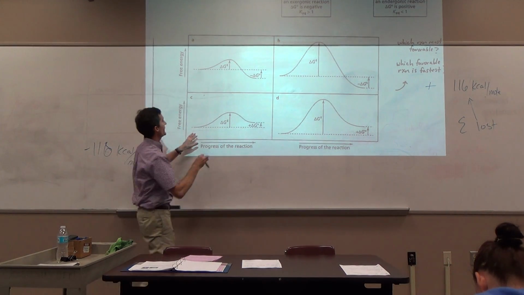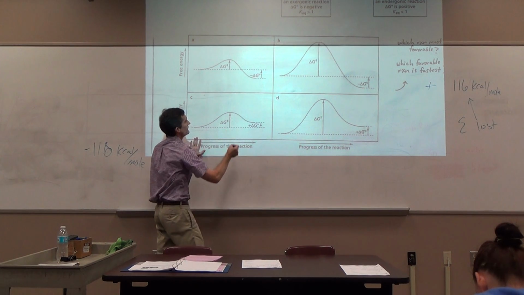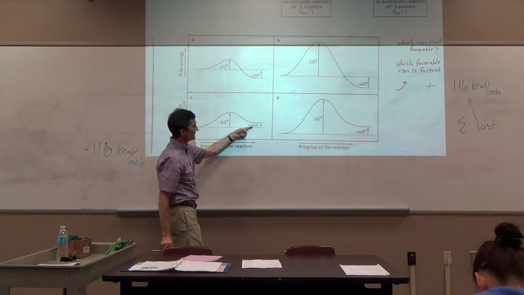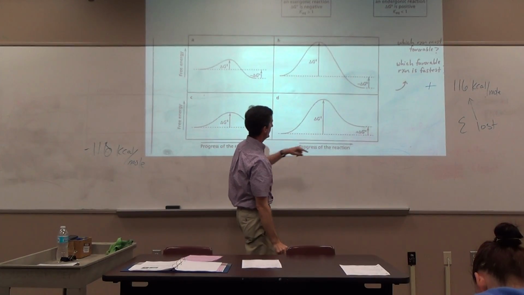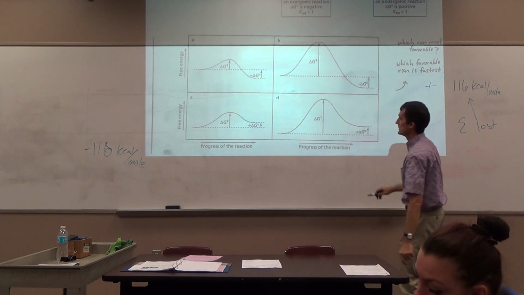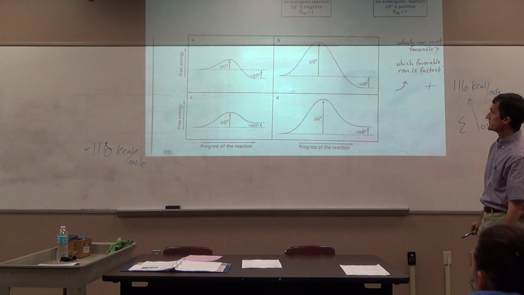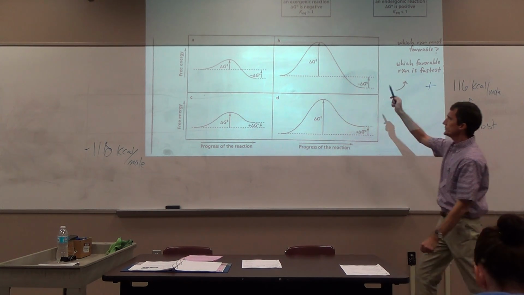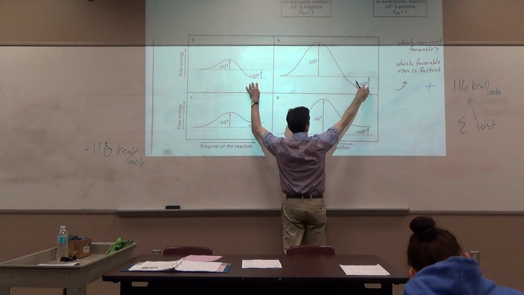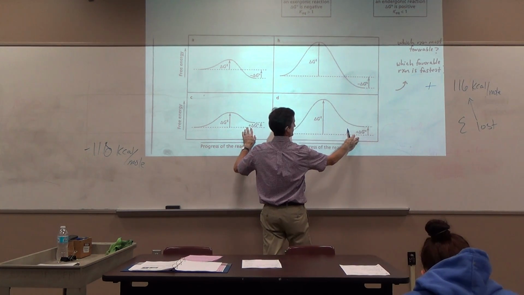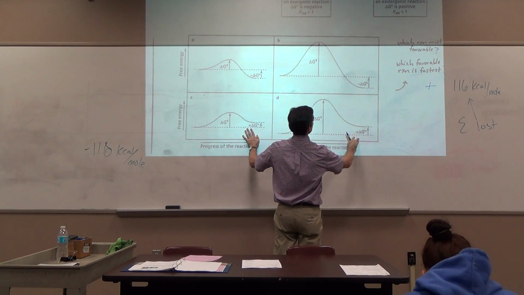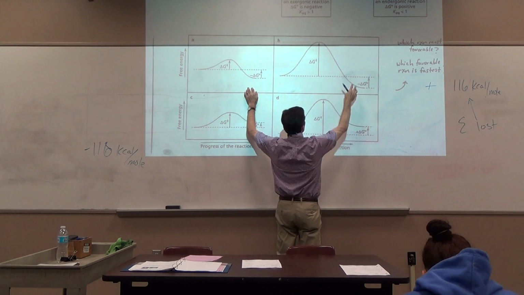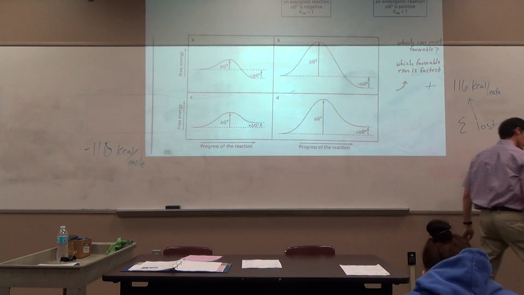Well, A looks exothermic or exergonic. That's endergonic. That's endergonic. Okay, the top two are exothermic, right? Exergonic. And these two are endo? What was the question asking?